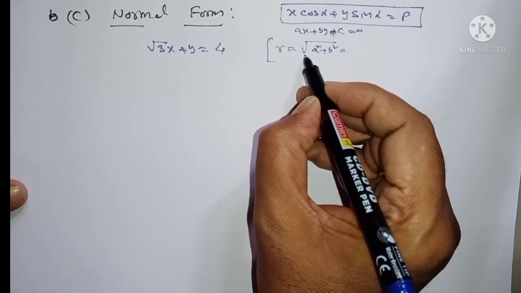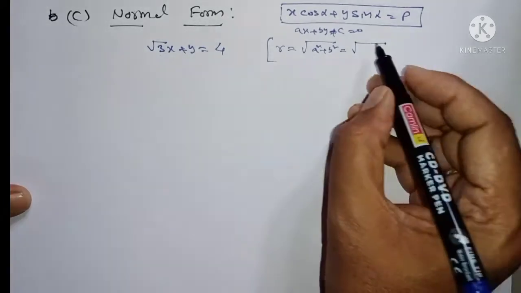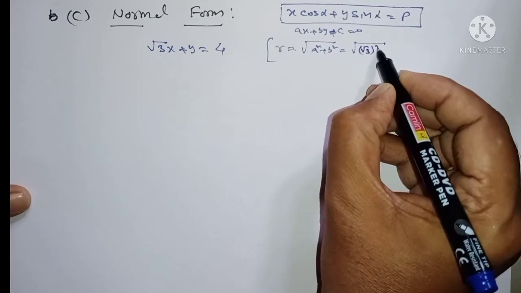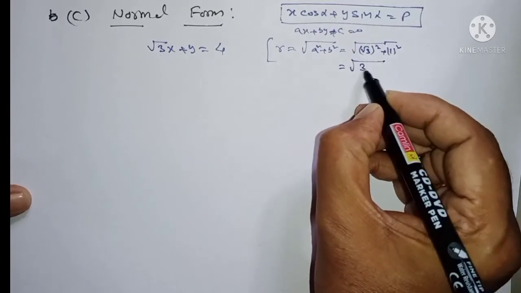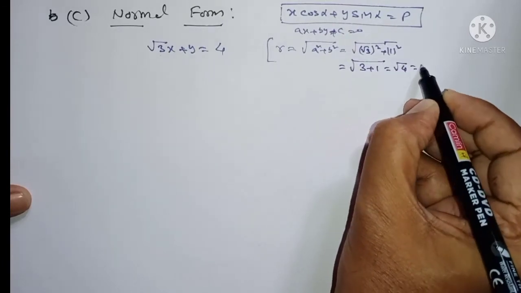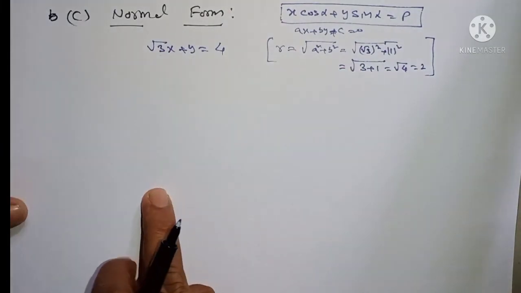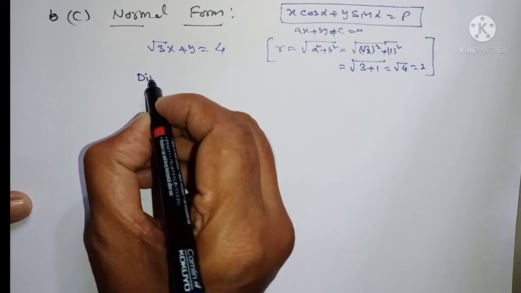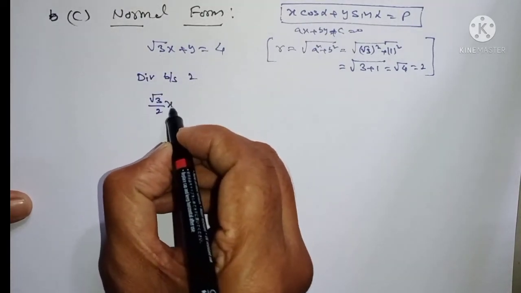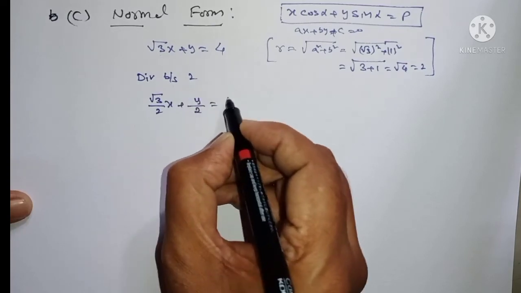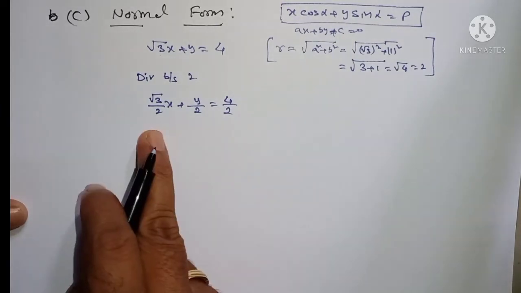Here a is root 3, whole square, plus b is 1, whole square: root of 3 plus 1 is equal to root 4, which is 2 only. Therefore divide both sides by 2. Root 3 by 2 x plus y by 2 is equal to 4 by 2. This is the first step, dividing by 2 only.